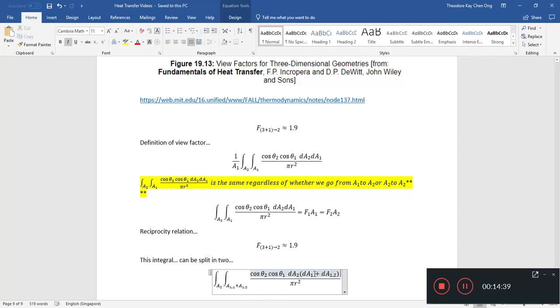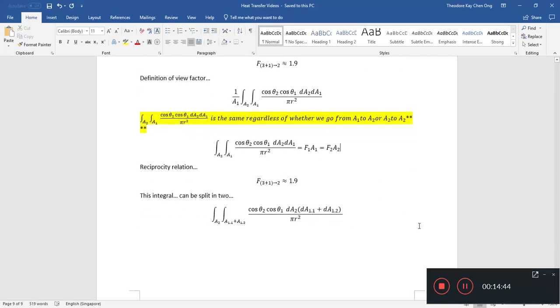So this is how we replace, so to speak, our integral. It'll be something like that, because this is just A1.